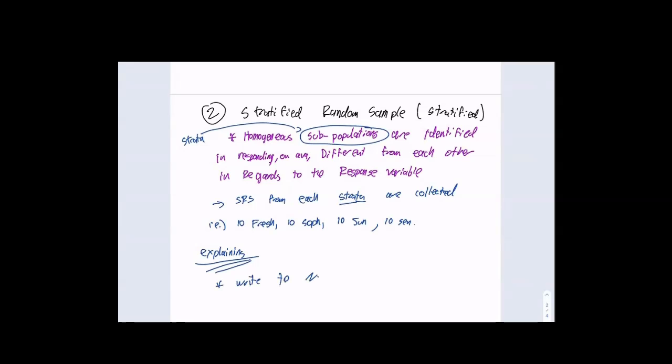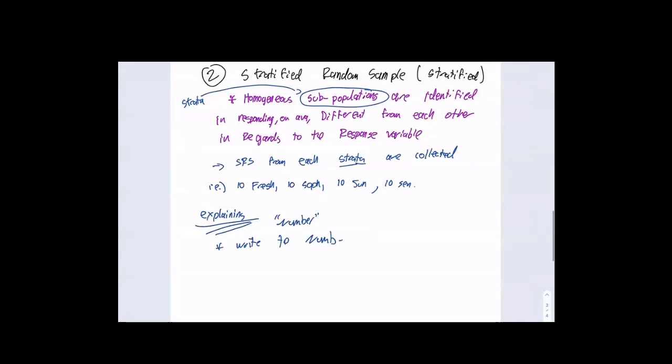Write the numbers. So first off, we number them. I'm running out of time, I know. We number and we write the numbers on equal size pieces of paper. Place each strata, each group, into separate, I'm almost done here, I know it just reached 10:01, separate hats.